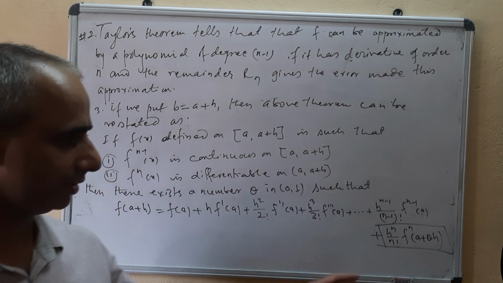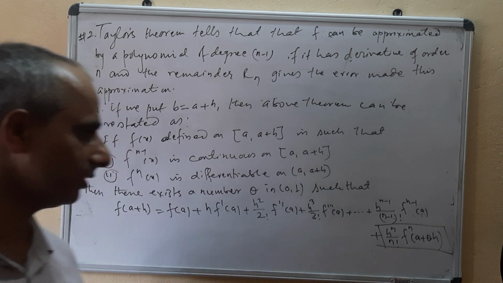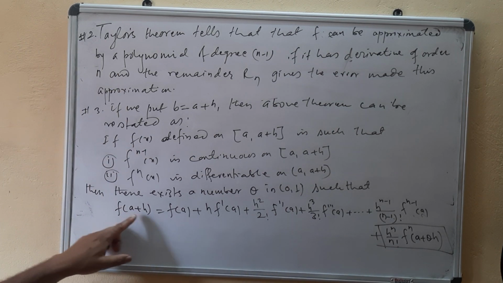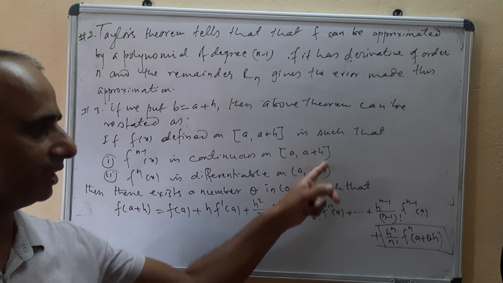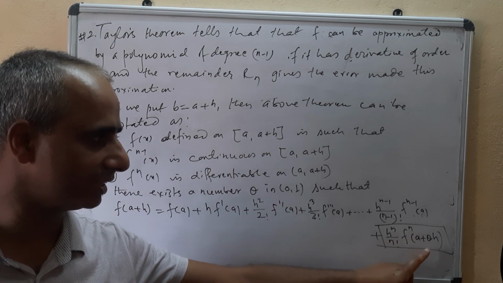Get it? This is also Lagrange's remainder in this form. When the function is defined on a to a plus h, the Lagrange's remainder will take this form.